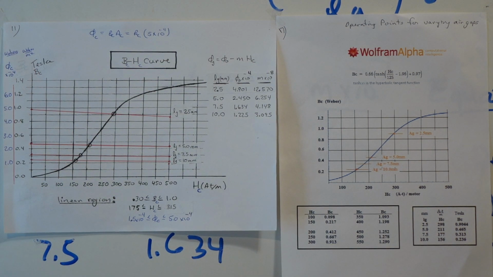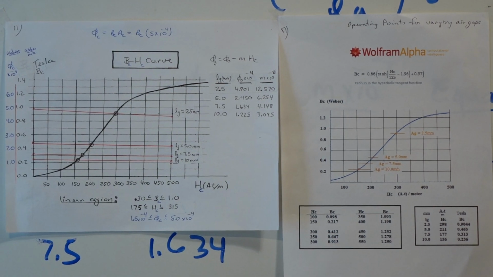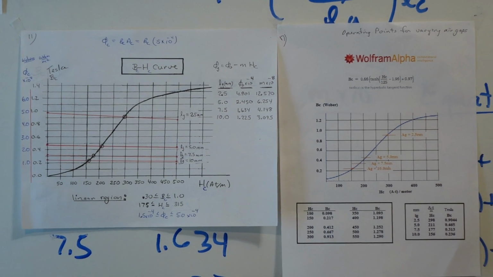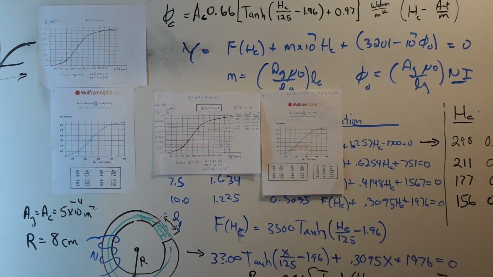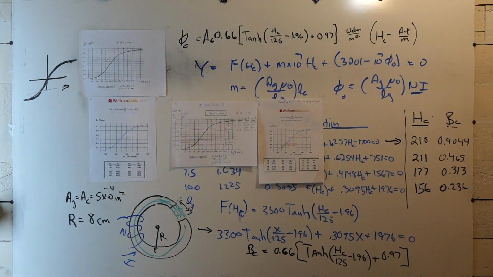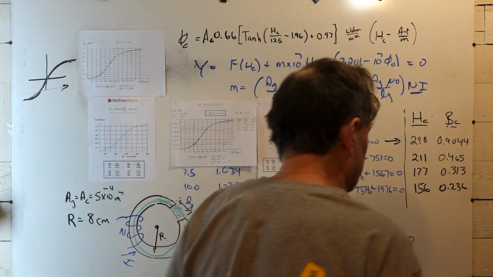So that pretty much ends all the solving of the equations and how you would solve a magnetic circuits problem. To recap, we have several different ways.